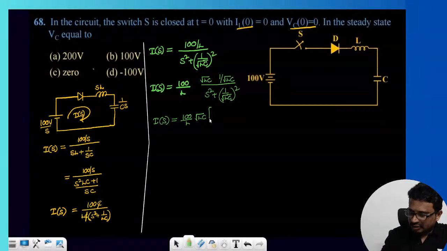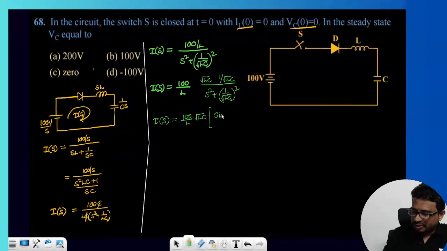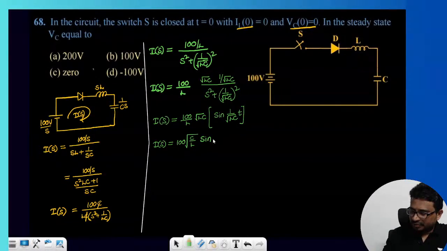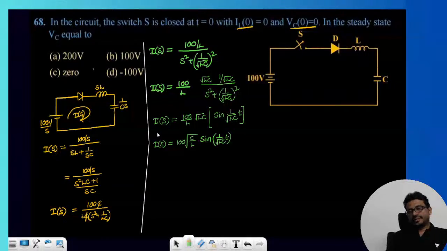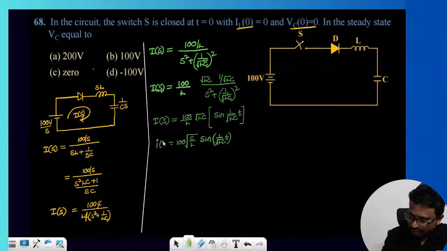Then this is of the form A by S square plus A square, whose inverse Laplace is sine of AT, that is sine of 1 by root LC into T. So I of S will be equal to 100 into square root of C by L into sine of 1 by root LC into T. So this is I of T, the current passing through the circuit.